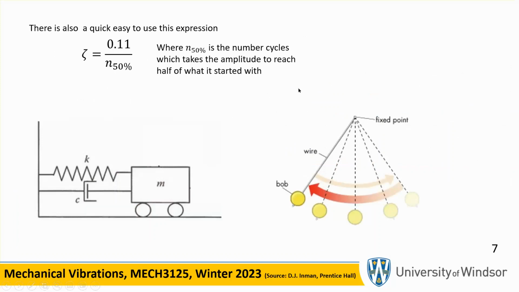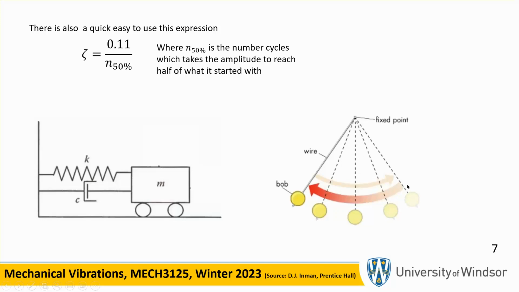Now, there is something that's very useful, and that is estimating zeta based on the number of cycles that the amplitude reduces by 50%. I'm not suggesting to memorize this. It's just very handy. For example, if you took the pendulum and you brought it to a position and let it go. Let's say hypothetically the angle that you raised the pendulum by is 10 degrees.